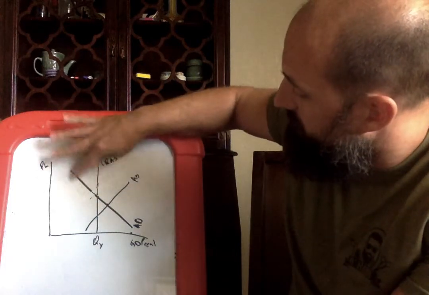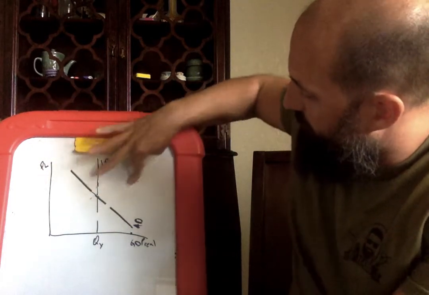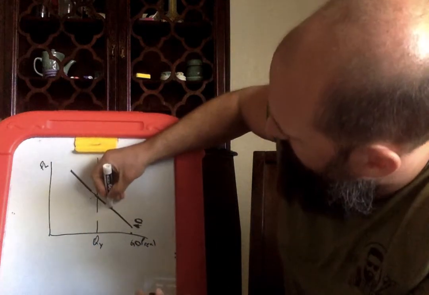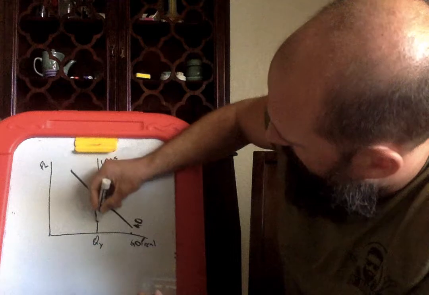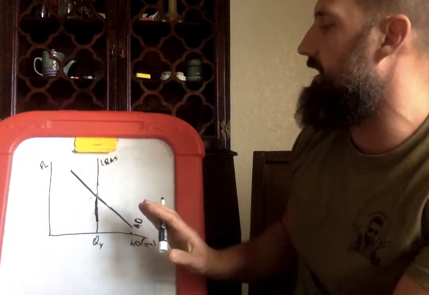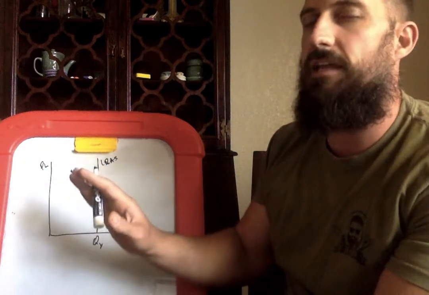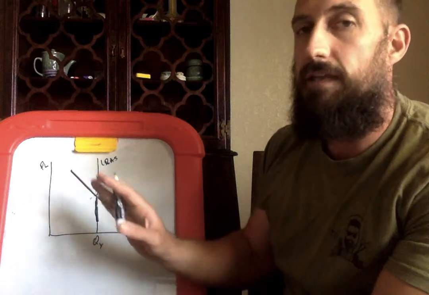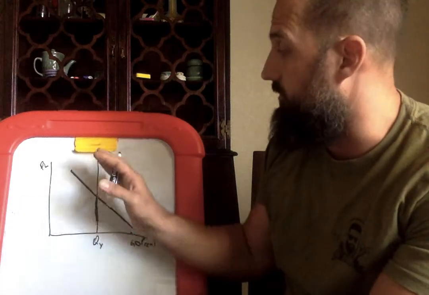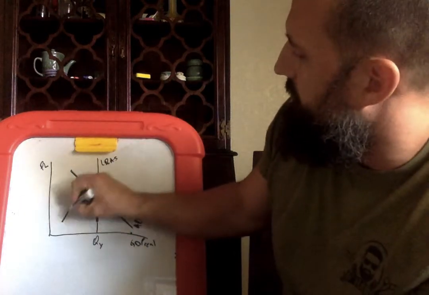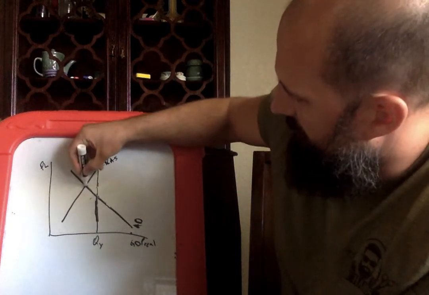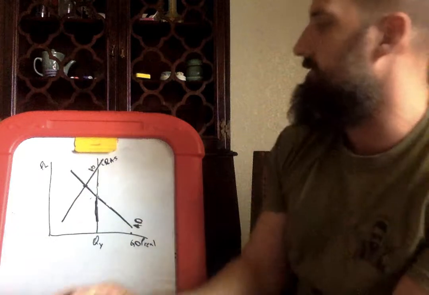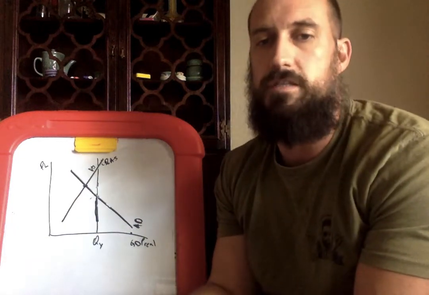Now, let's go ahead and remove this inflationary gap and look at a recessionary gap. A recessionary gap is when the AD and AS intersection point is to the left of the long-run aggregate supply curve. So we can put something right here, and the intersection point, again, is to the left. And now we have what is called a recessionary gap.